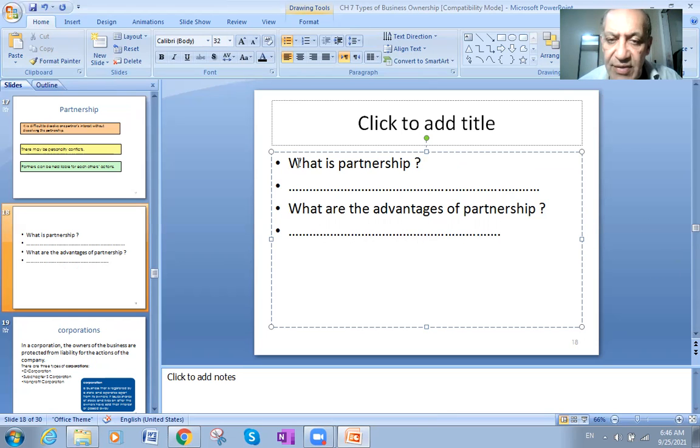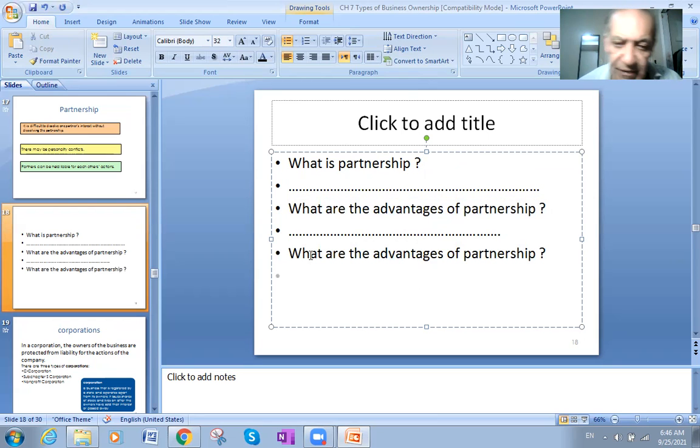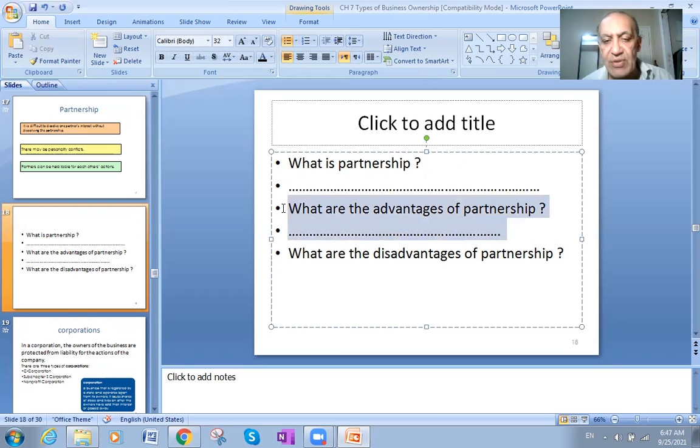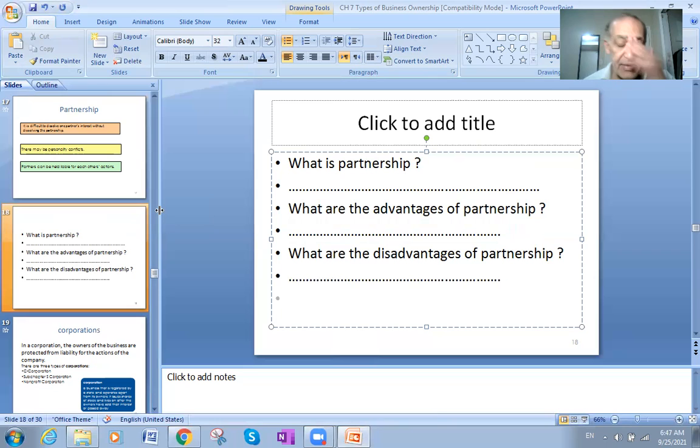Then the third question will be, what are the disadvantages? We'll take this question like this, Control C, and we will put it here again, Control V. What are the disadvantages of partnership? So we will have the advantages of the partnership and the disadvantages of the partnership.